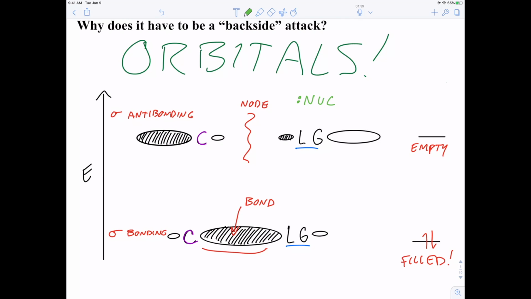It has to fill this empty orbital at the top with its electrons. So in order to do that, the attack has to come from this side over here, right? Because this orbital lobe is the biggest lobe that's attached to this carbon, and it happens to be pointing in the opposite direction of our leaving group, right?